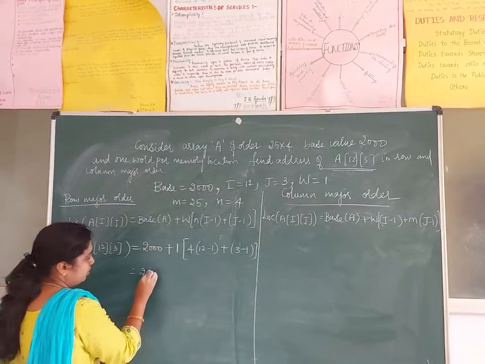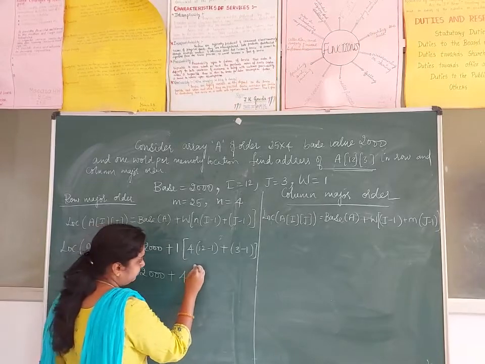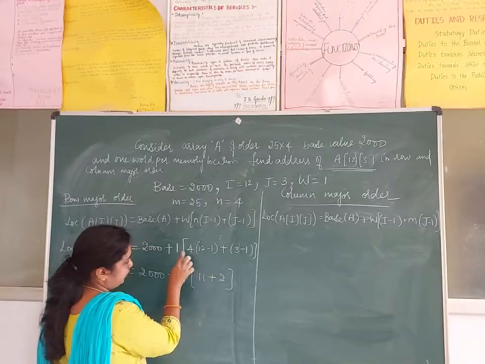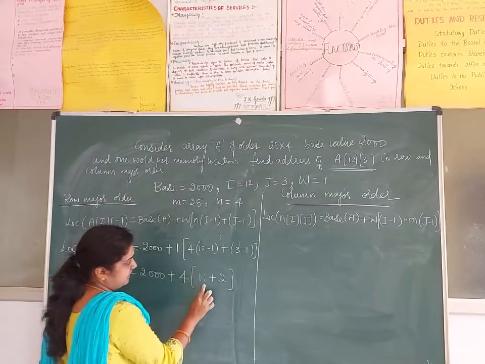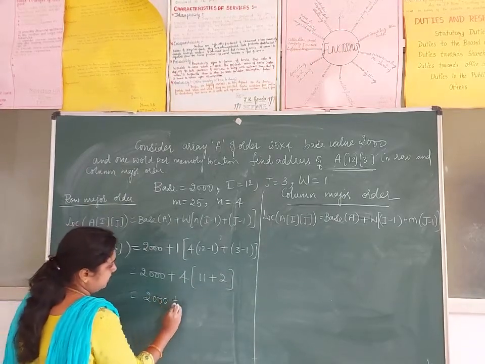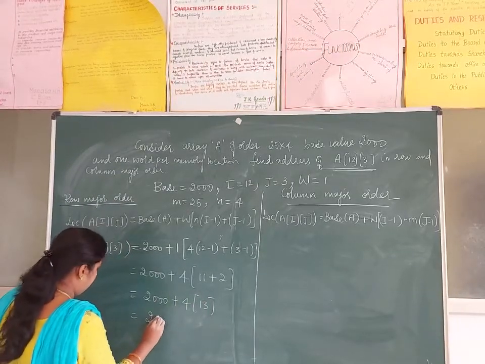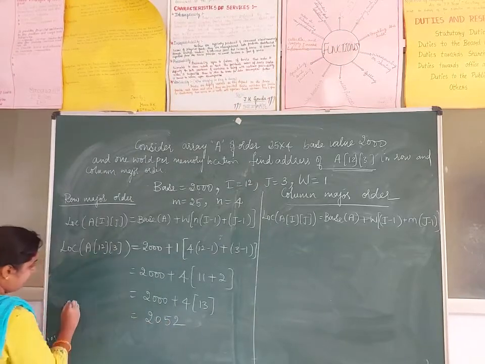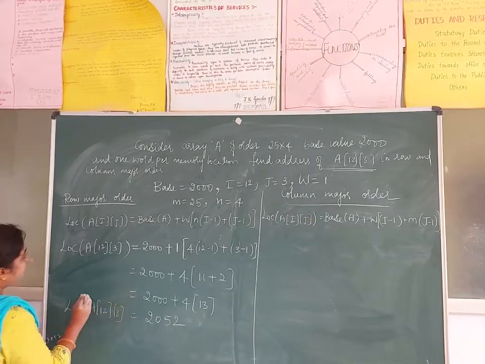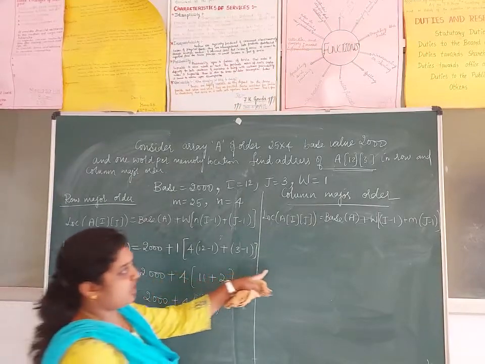So 2000 plus 4 into 11 plus 2. Here, 4 into 1, I have taken 4. 12 minus 1 you get 11, 3 minus 1 you get 2. So 2000 plus 4 into 13, you will get 2052. So the location of A of 12, 3 in row major order is 2052.